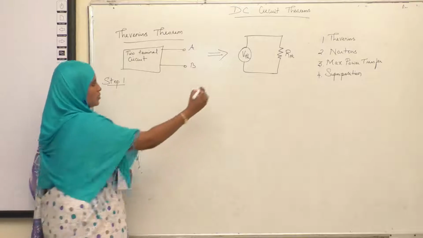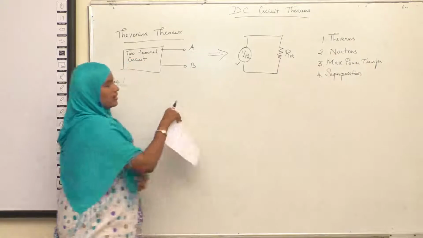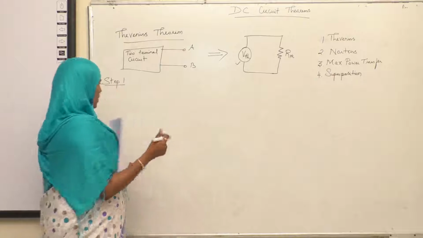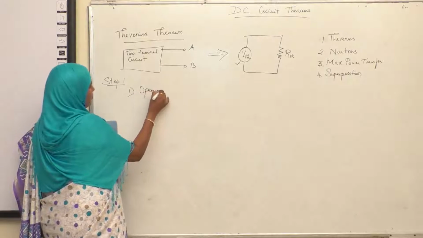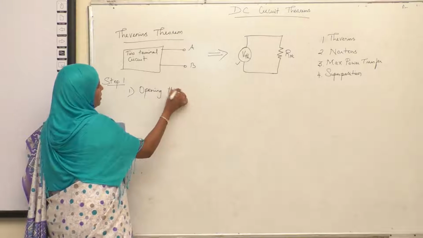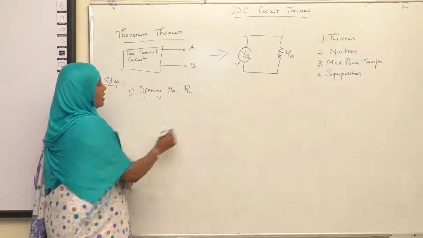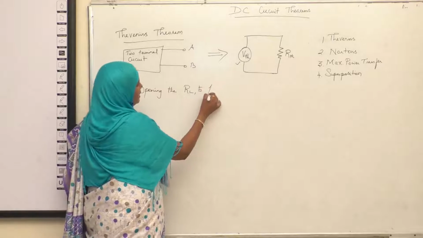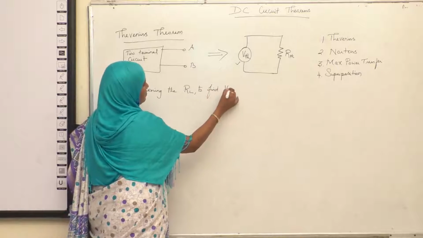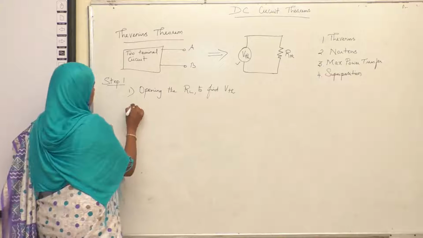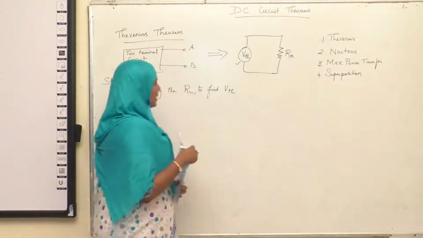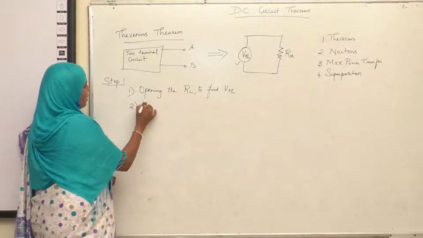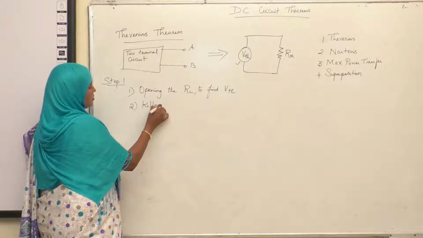Step 1: you need to find the value of VTH. VTH can be found out by opening the load resistance RL. After you find VTH, you need to find the value of RTH. This can be found out by killing the sources.